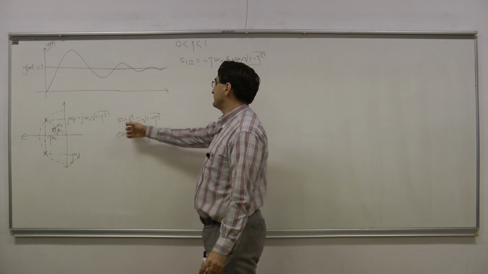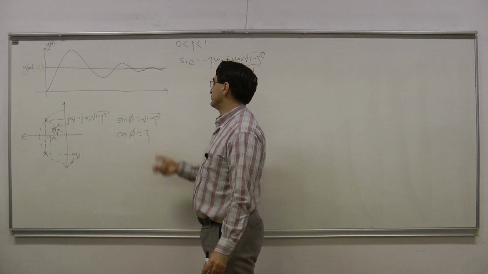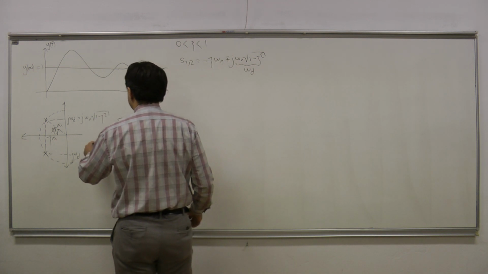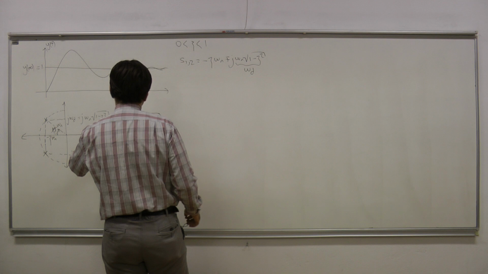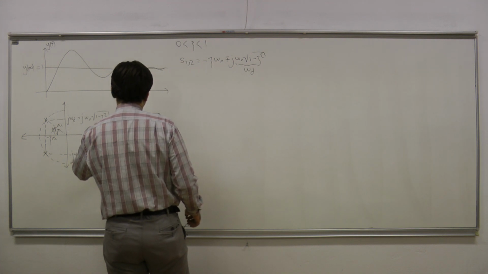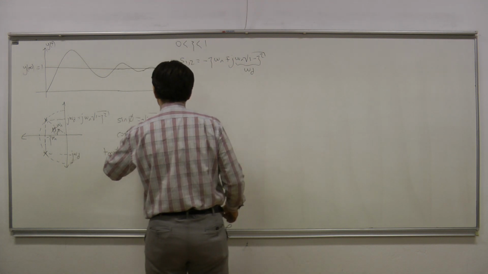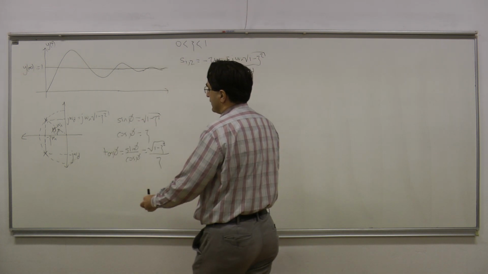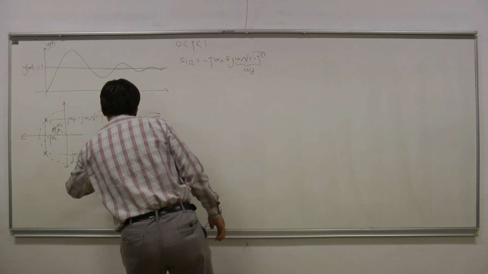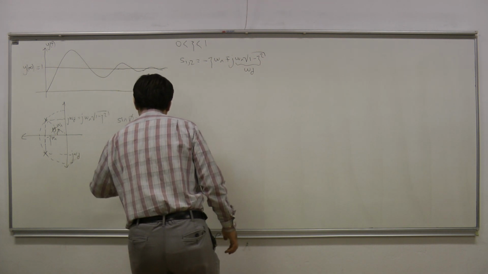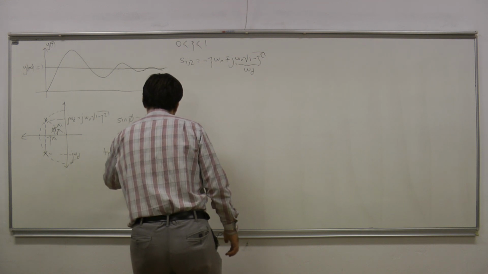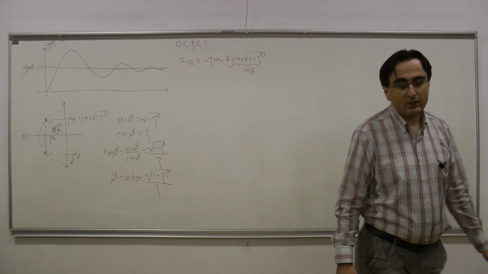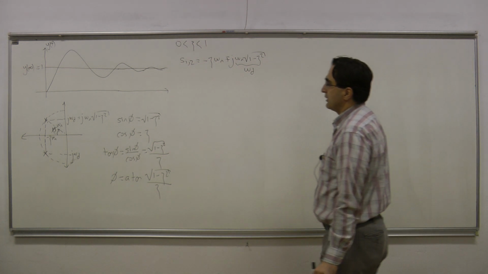I can just take the arc sine or arc cosine of this value. Sometimes we write tangent phi, which is sine phi over cosine phi, and it is given in this case as square root of 1 minus psi square over psi, and we can also calculate phi as the arc tangent of the square root of 1 minus psi square divided by psi. So this is our angle phi.